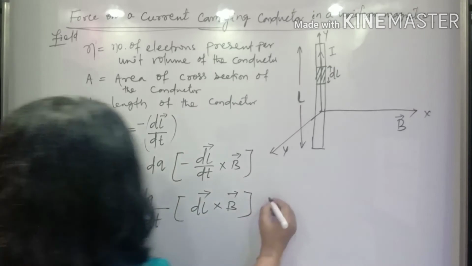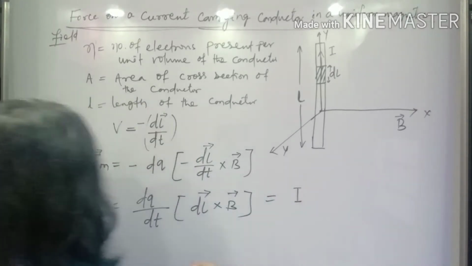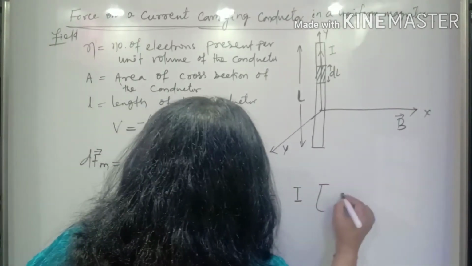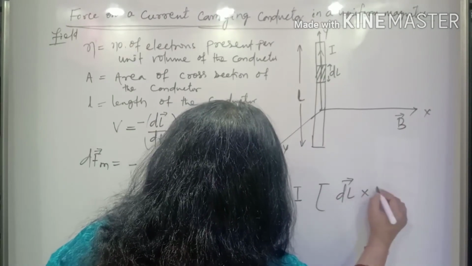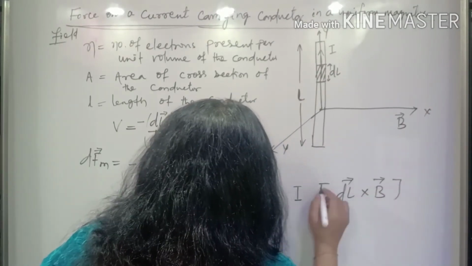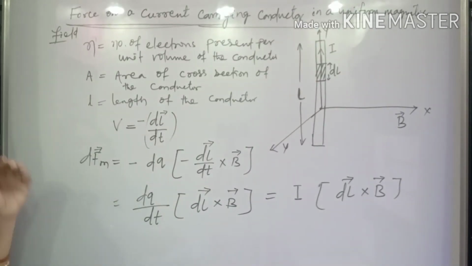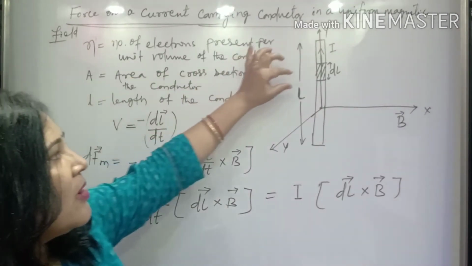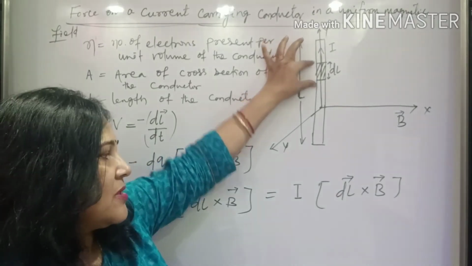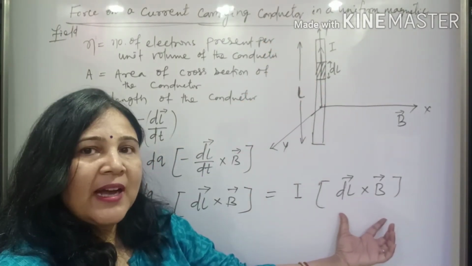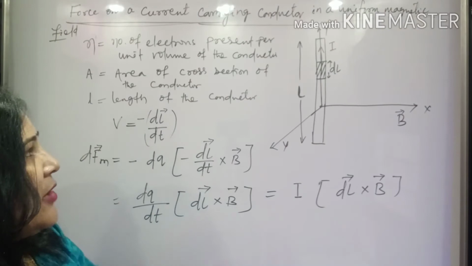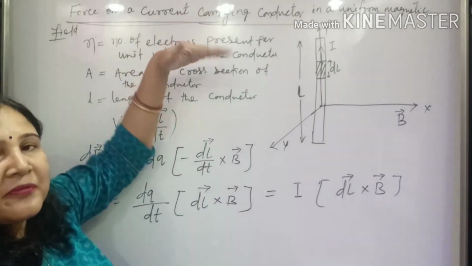That is nothing but current I. Inside is dl cross B. So that is the force acting on this small current element we have chosen. So what is the force value? I dl cross B.